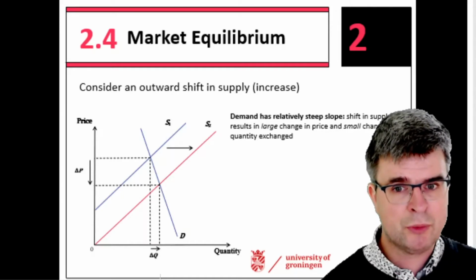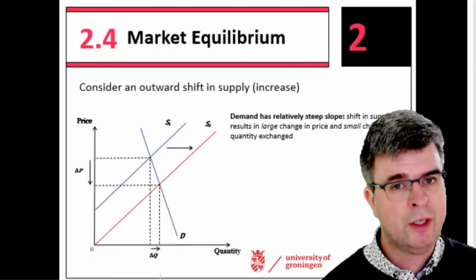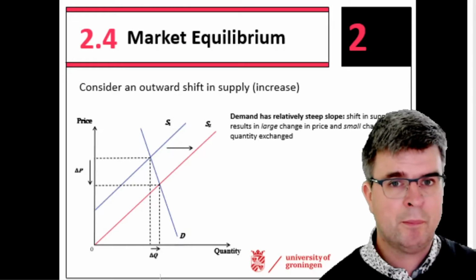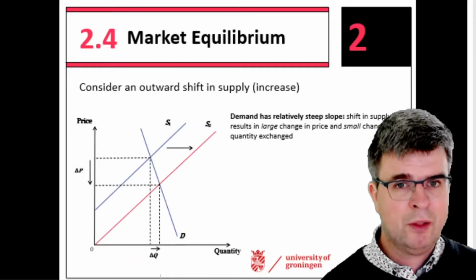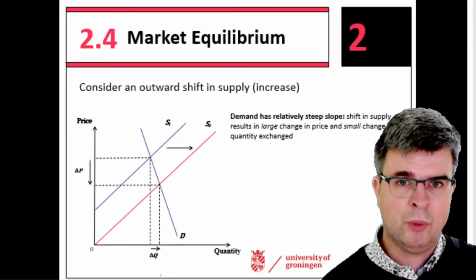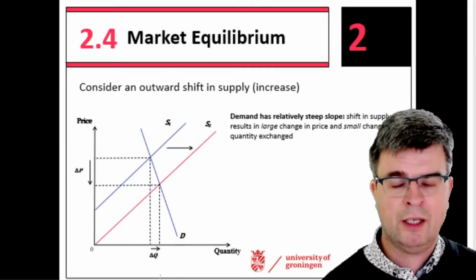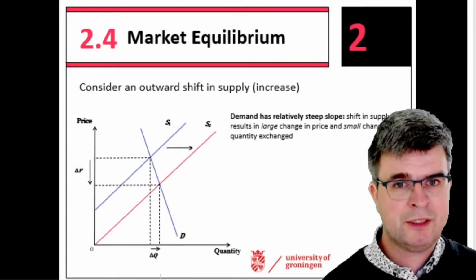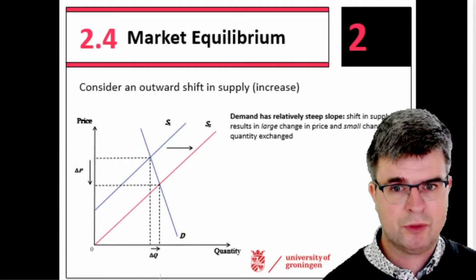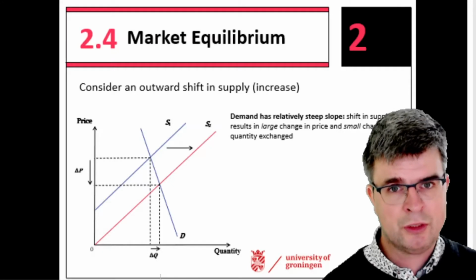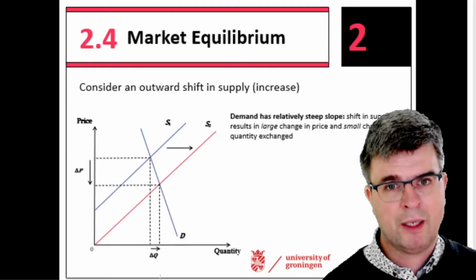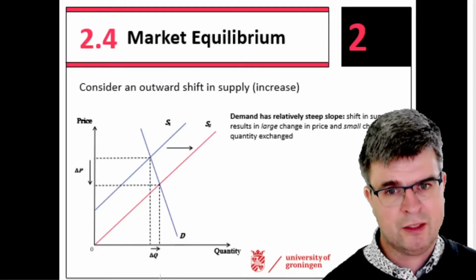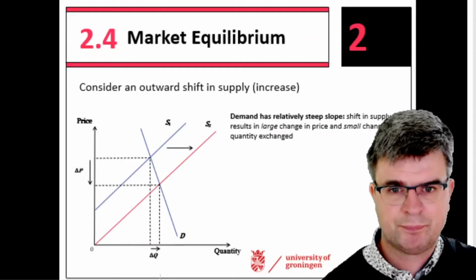Which means that if you shift the supply curve such that a lot of extra units will be brought to the market at a given price, then in order for the market to absorb that increase in supply, the prices need to adjust quite fiercely. So you need to reduce the price by quite a bit in order to reach an equilibrium where the new quantity supplied equals the quantity that is demanded.